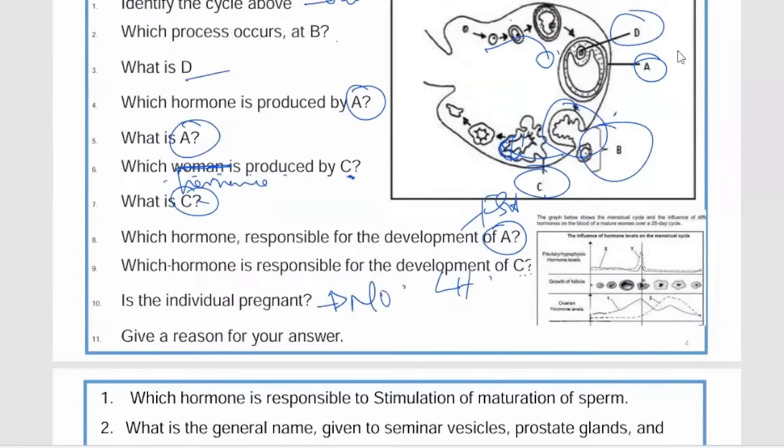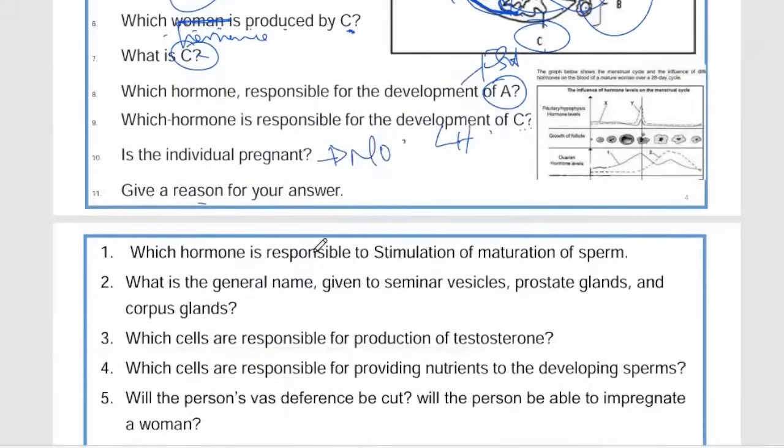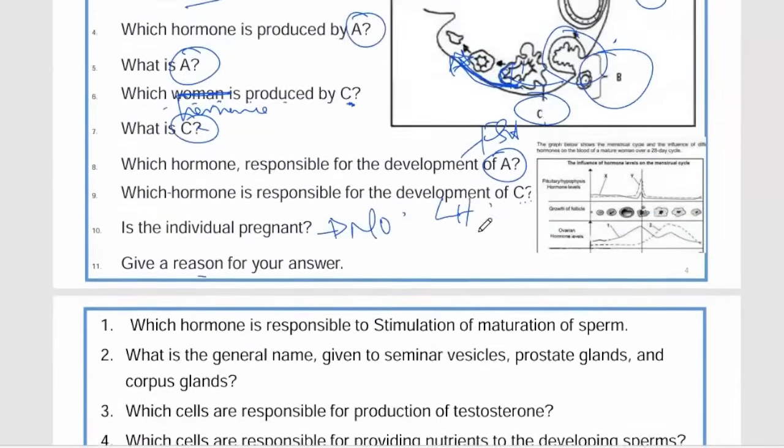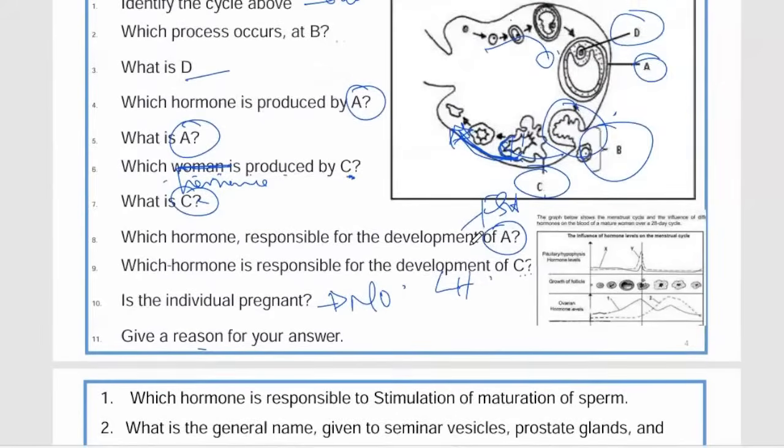No, the individual is not pregnant. Why? Because we see that there is degeneration of corpus luteum. Give a reason for your answer. There is degeneration of corpus luteum, or the corpus luteum is disintegrating. So it's basically breaking down.